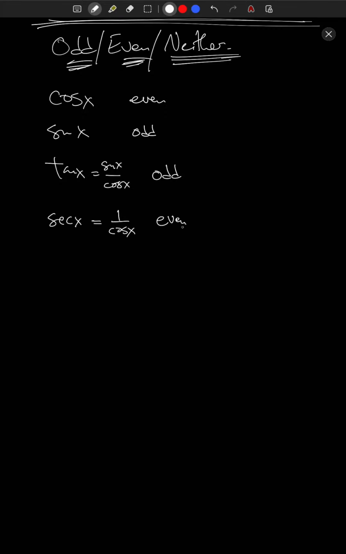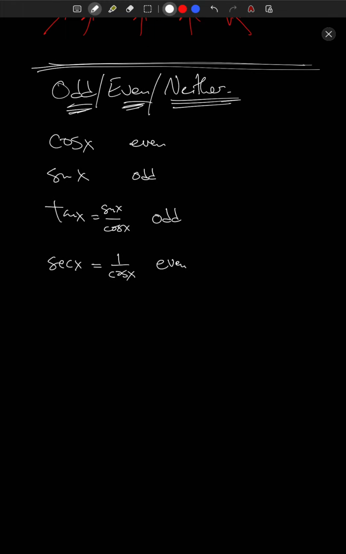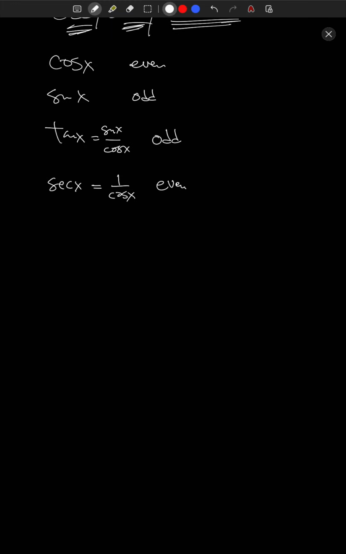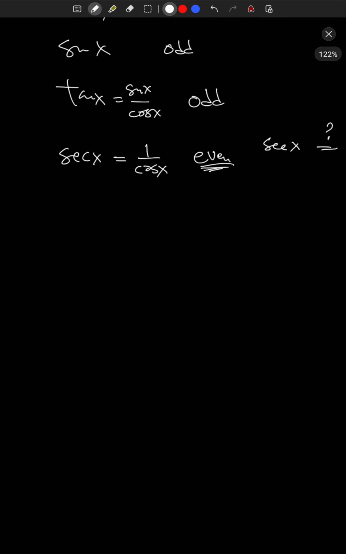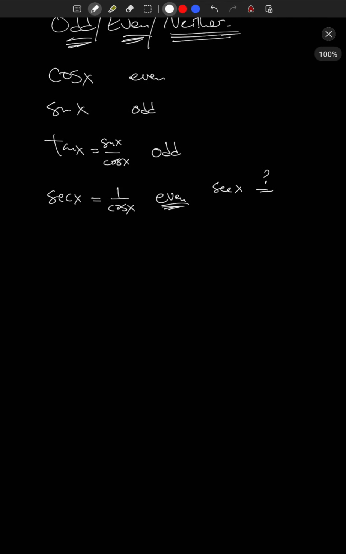Definitely make sure you understand that. And if you're not 100% sure, just confirm it by calculating, again, by just using the definition of even or odd. Secant of x: when we're asking whether it's even, we want to compare it to secant of negative x, and we want to know whether they're the same, right?